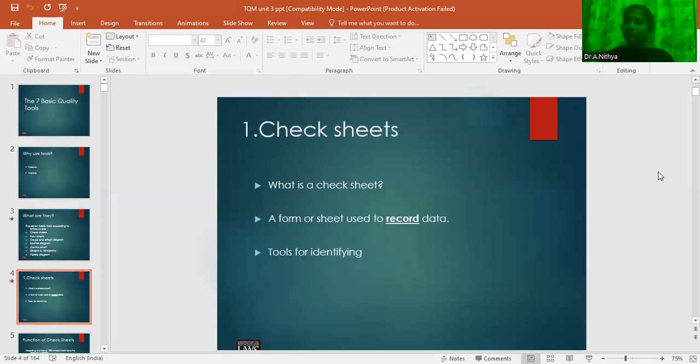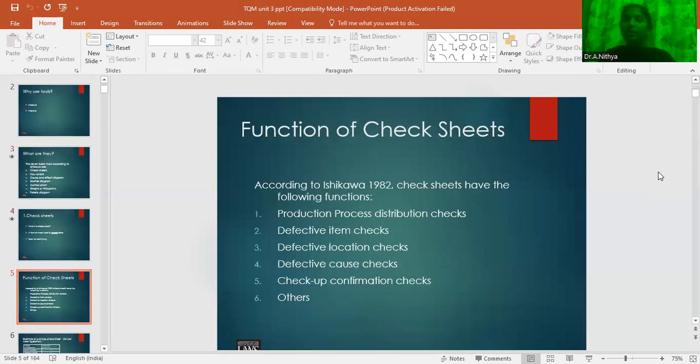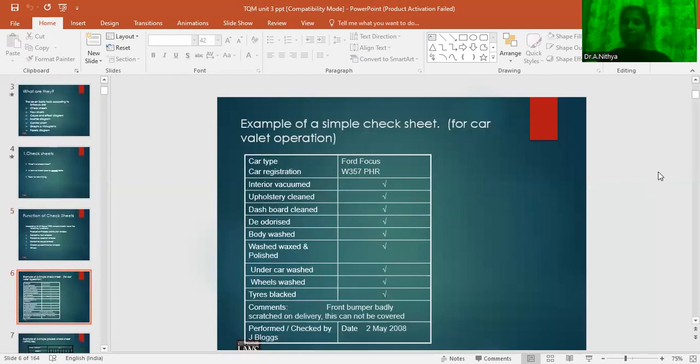So what is a check sheet? It is a form or sheet used to record data, a tool for identifying user data. What are the functions of a check sheet? It has functions like production process, distribution, defective item, defective location, defective cause, checkup information and others.